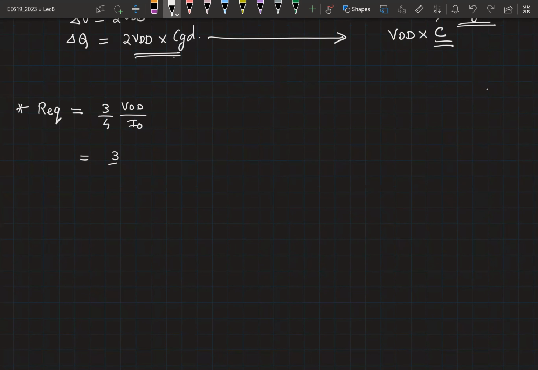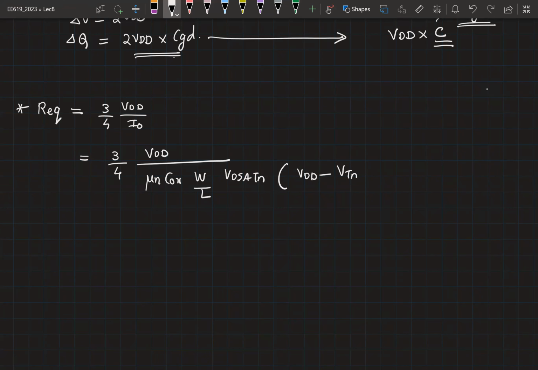What is the full expression? 3/4 VDD by, what is the value of the current? Mu n COX W by L into VD sat n into VDD minus VTN minus VD sat n by 2.